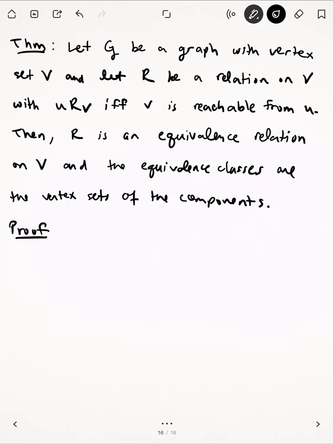So if we're trying to prove something is an equivalence relation, what do we have to prove? We have to prove the relation is reflexive, symmetric, and transitive. Okay?